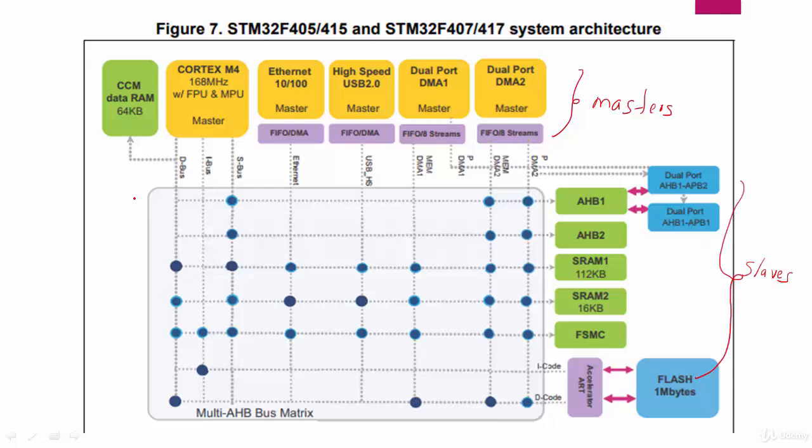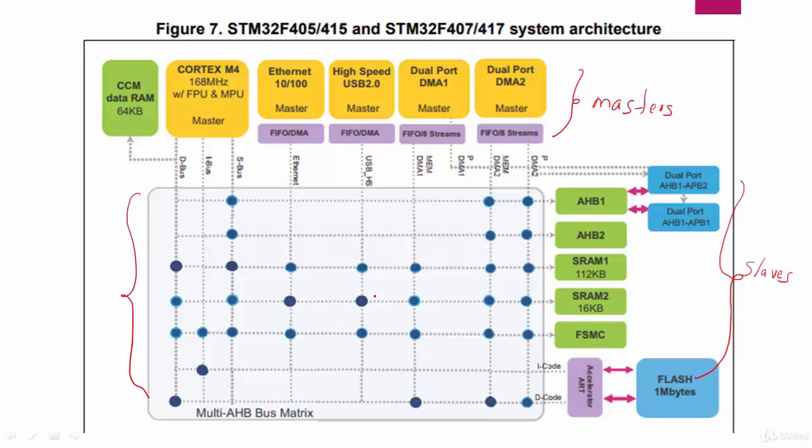This box is the bus matrix, and it is called a multi AHB bus matrix. That's because we have multiple AHB buses on the slave side, and you will see lots of connected dots here, which say that there is a path for a master to communicate to a slave.